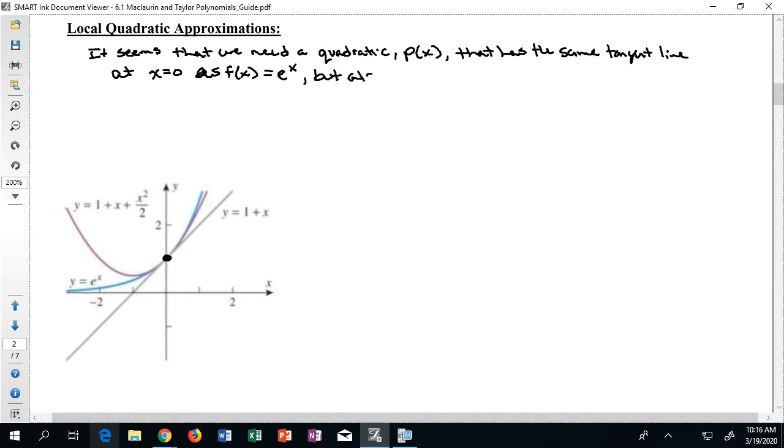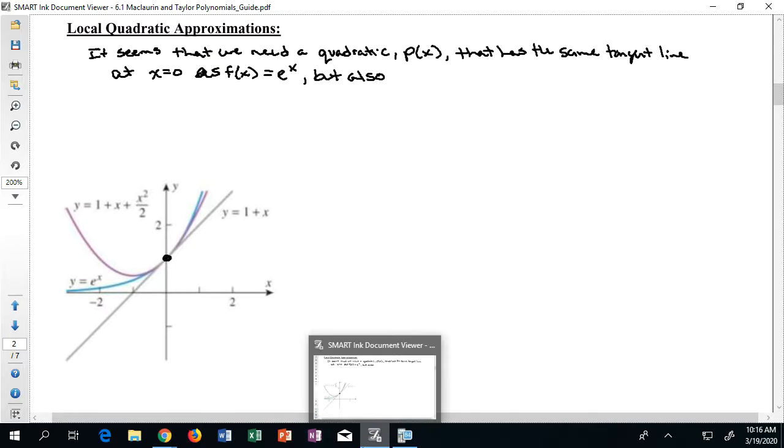But I also can say something else about this quadratic. I kind of want to make sure that it's bending maybe in the appropriate way. Because of course I didn't have to draw a quadratic that was opening upward. I could have drawn one that was opening downward. But you would probably expect that if I draw one that's opening downward, that's probably not optimal because e to the x kind of looks like an upward parabola.